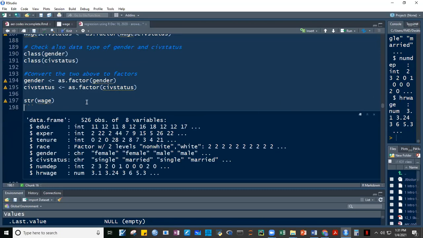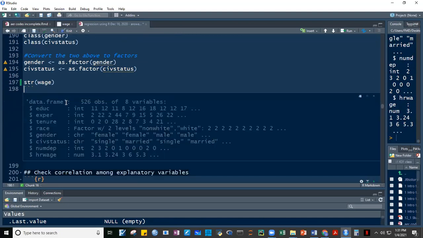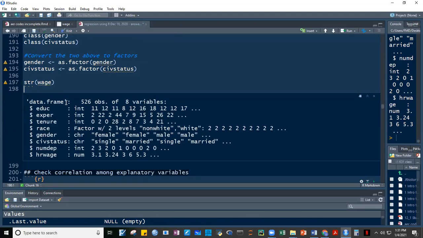Bakit pa rin character? Why is it still character?